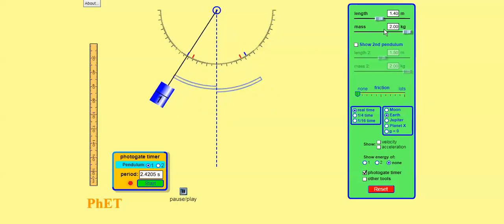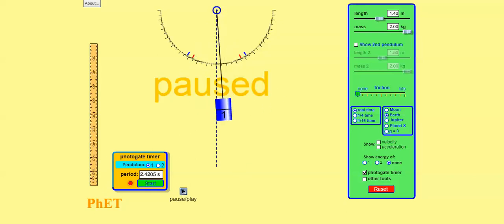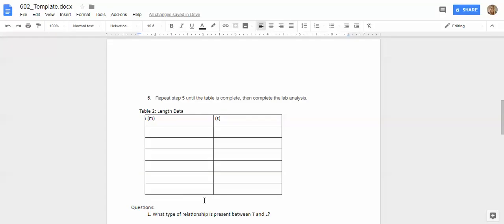And for 1.4, we get 2.4205. Go ahead and make sure you've recorded all of those in this section. And if there were too many, that's okay. At least fill in the table, and you'll be ready to complete a graph.